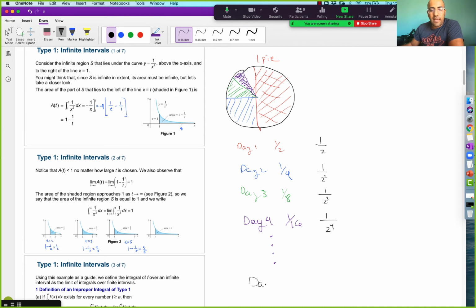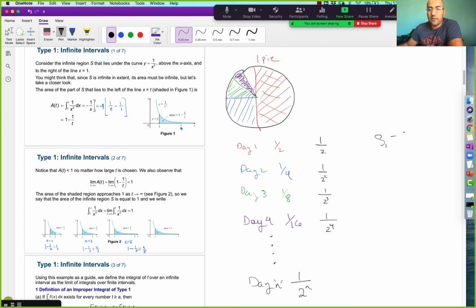So on day n, this is going to be equal to 1 over 2 to the power of n, is how much pie we eat on the nth day. Okay, so that pattern continues. And now if we think about the whole thing, how much is the running sum of what you've eaten? So it's going to be a partial sum situation.